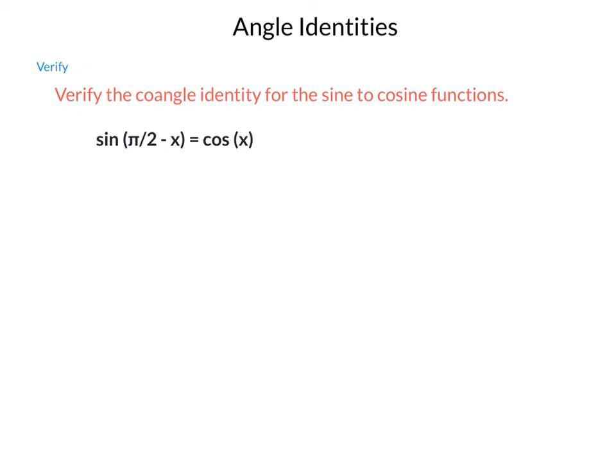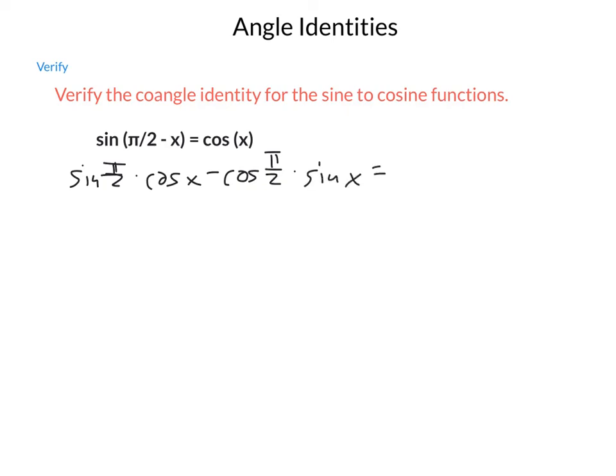So this would be the sine of pi halves times the cosine of x minus the cosine of pi halves times the sine of x.